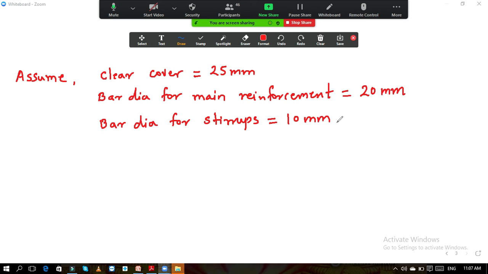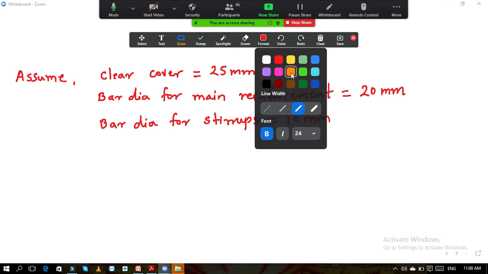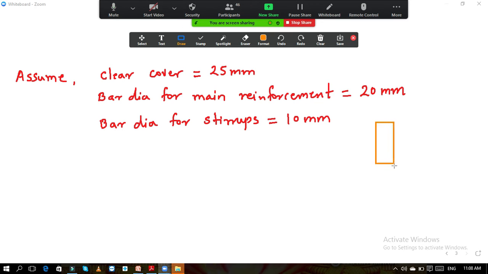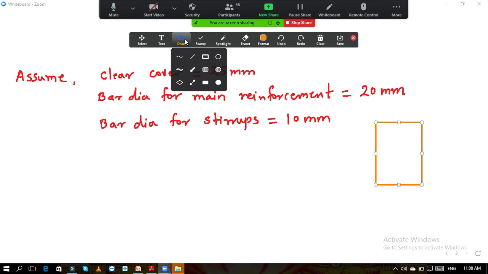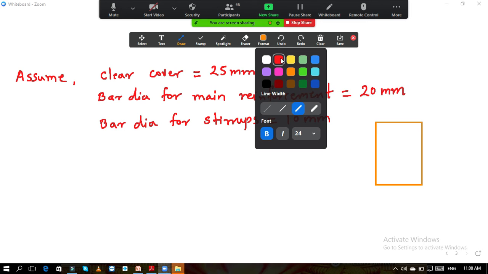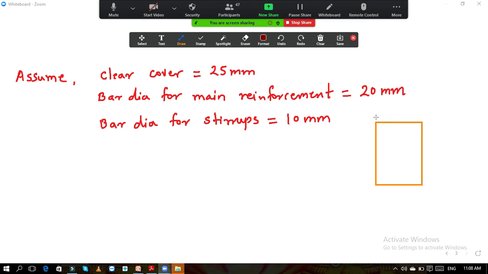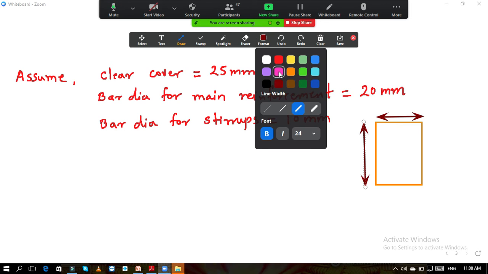So they have given us the beam section, that is the section is of 300 by 600. Okay, so if you see this section, they have already given it to us. If I draw over here, this section they have already given to us, and these are the given dimensions.